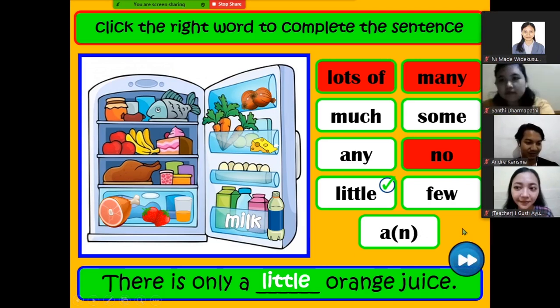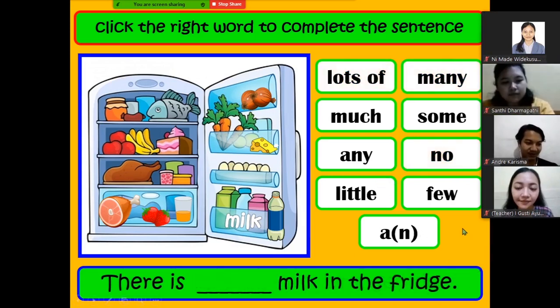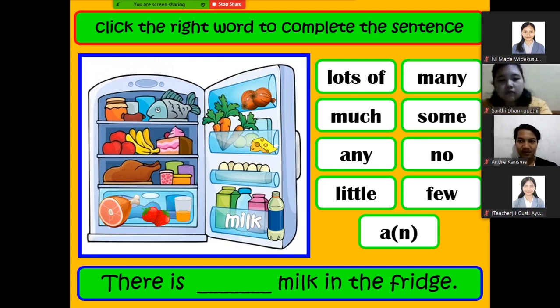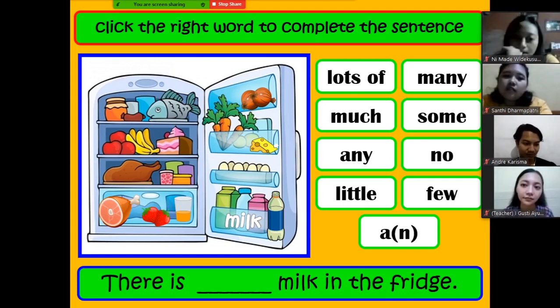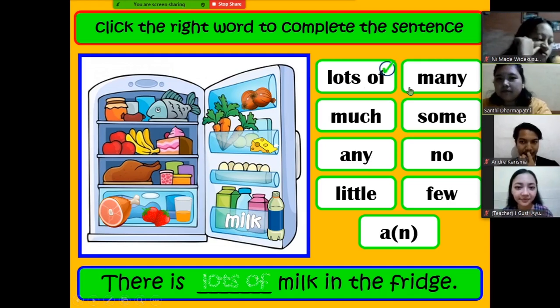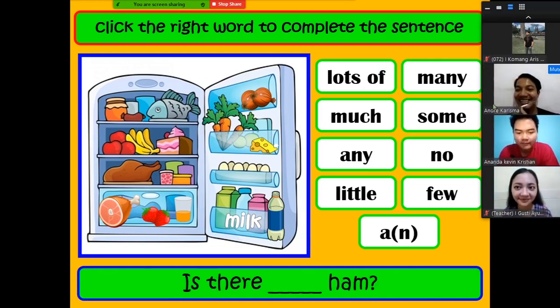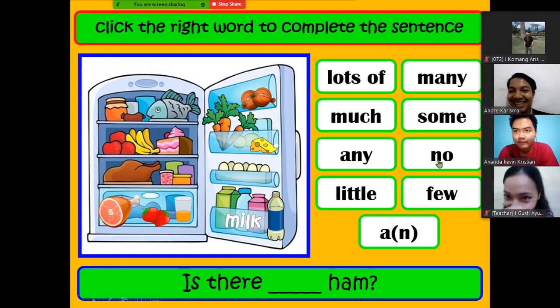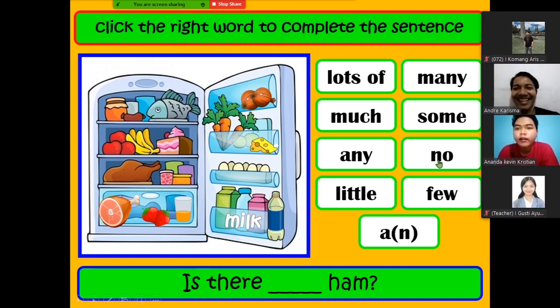Yes, great. Next, this is for Santi. There is blank milk in the fridge. The answer is there is lots of milk in the fridge. Next. This is the last, and I'll give it to Kevin.